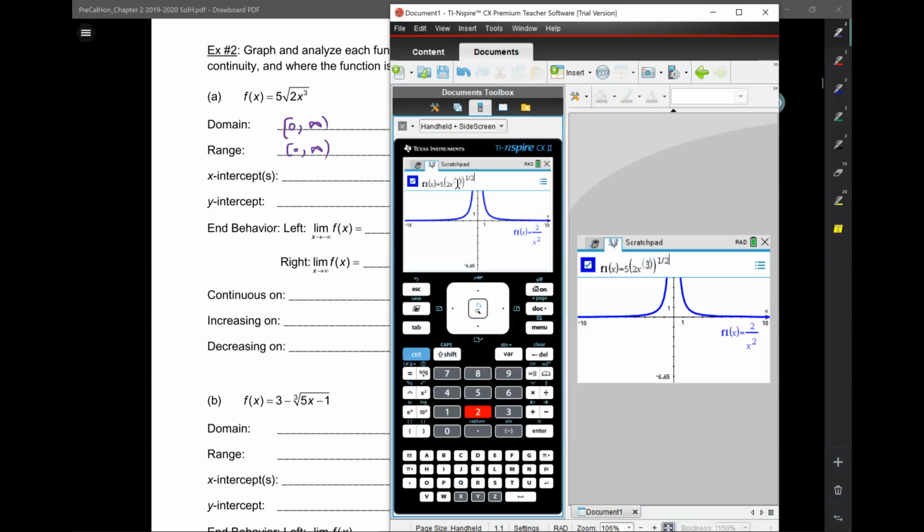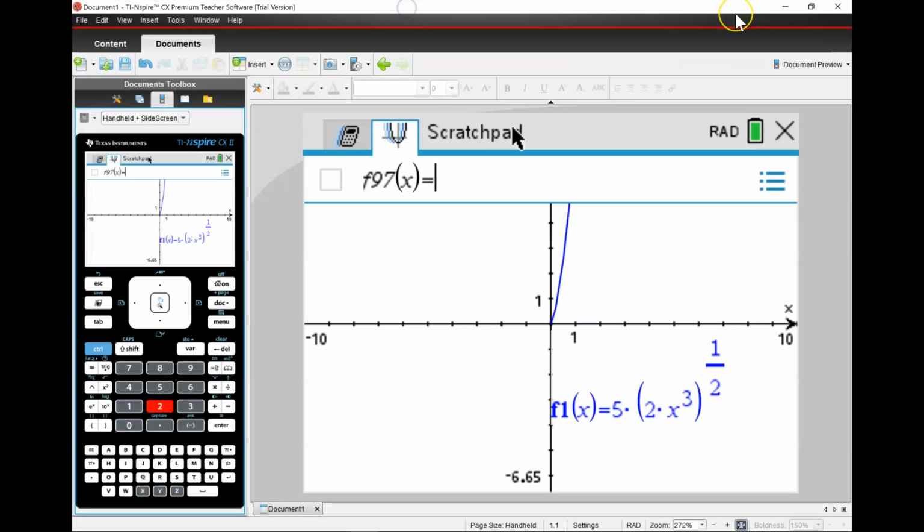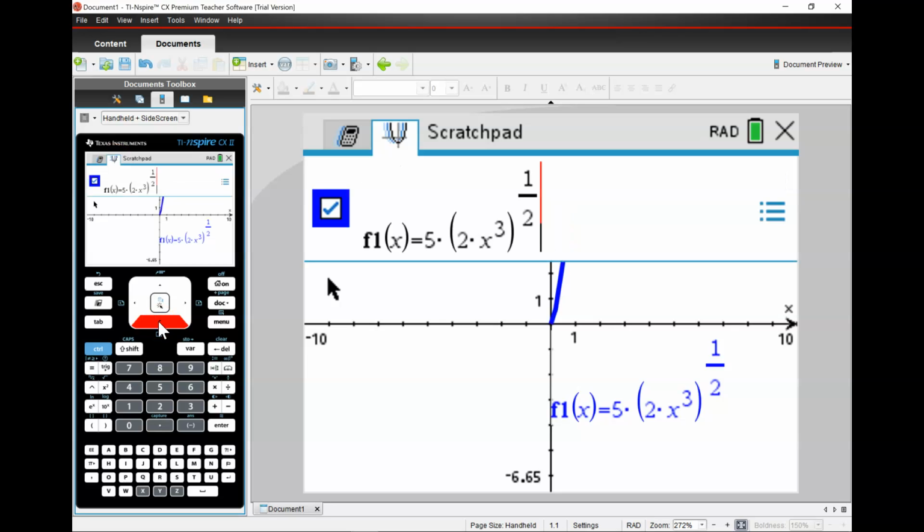So look at what I did, right? 5 times the square root of 2x cubed. Is that the same as 5 times 2x cubed to the 1/2? Yep. Okay, it's all about becoming sophisticated math students, right?